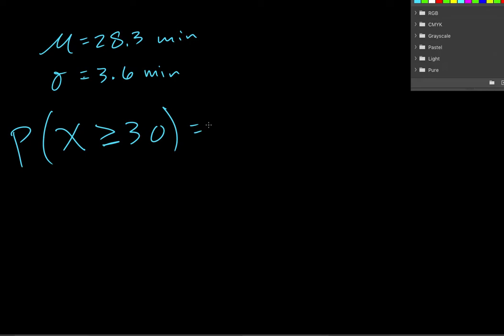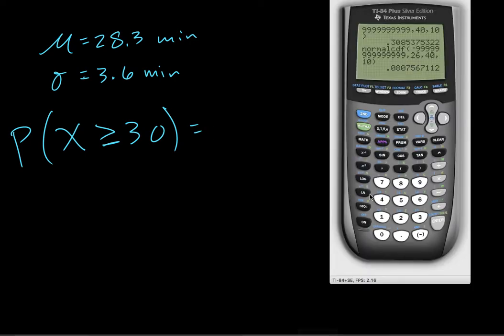So we're going to go through the same process. We're going to say second catalog, hit the N, go to normal CDF. Our lower bound is 30. Our upper bound is infinity, or a bunch of nines. And then our mean is 28.3.